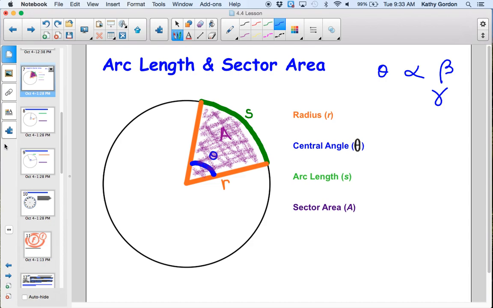So, we talked just a second ago about the fact that the radian was S over R, and because they were meant to be the same, that meant you had a radian of 1. But what comes from that is an equation that works all the time.